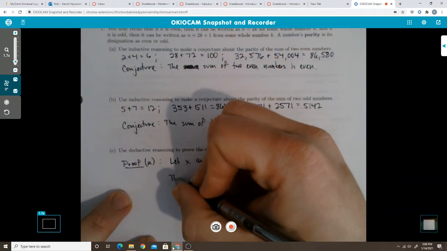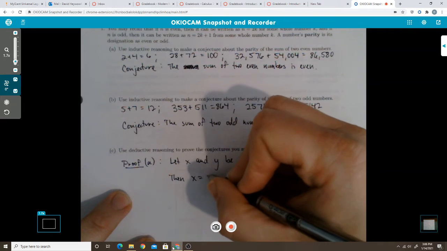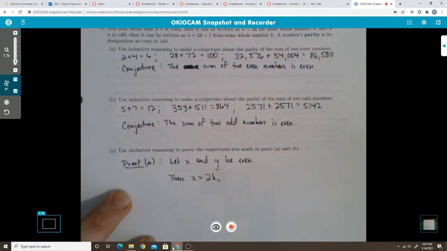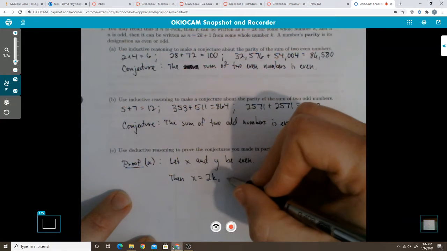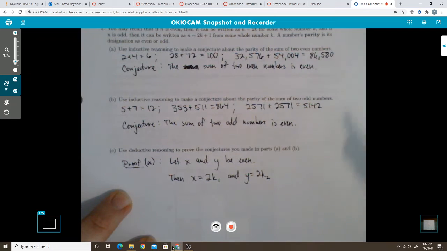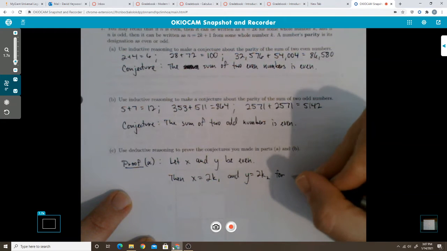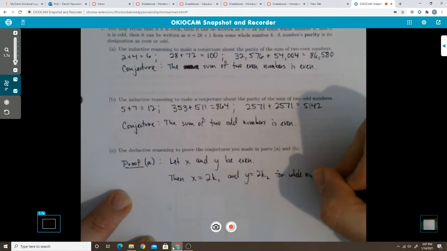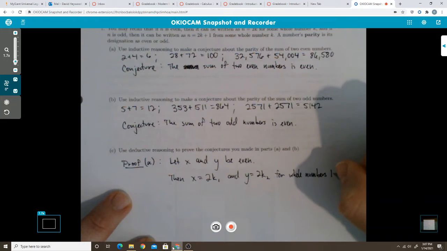Okay, if that's the case, then x equals 2 times k, I'm going to call it k1, and y equals 2 times k2, right? So I'm calling them k1 and k2 to distinguish between them because they're not necessarily the same numbers, but it must be the case, since x and y are even, that we can rewrite both of them as 2 times something else, right? For whole numbers k1 and k2.